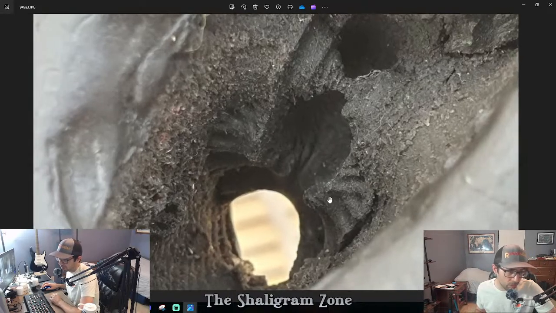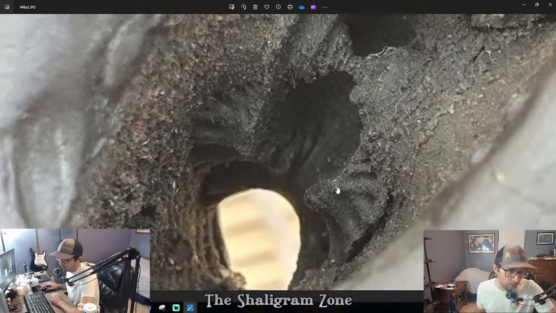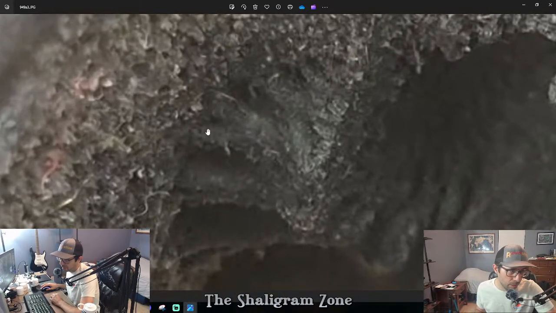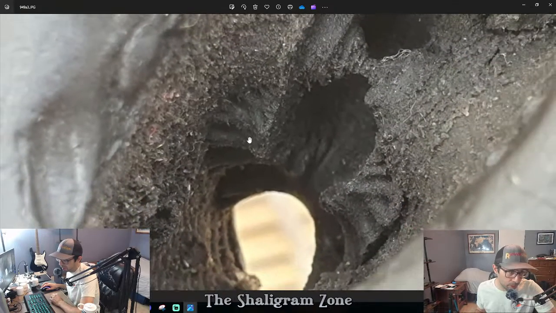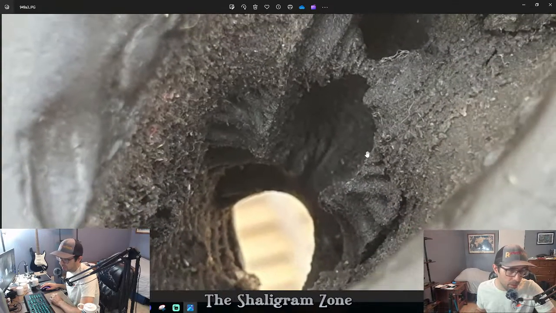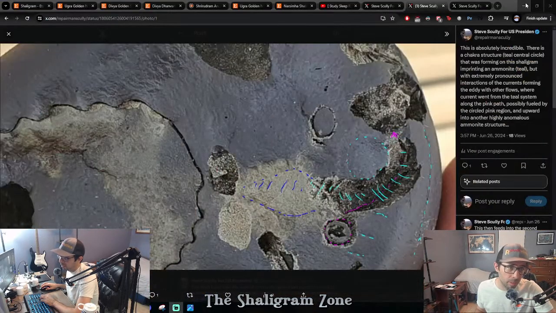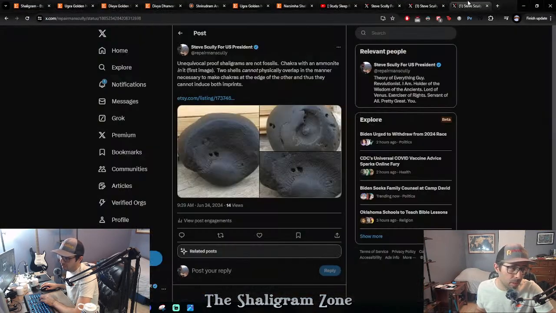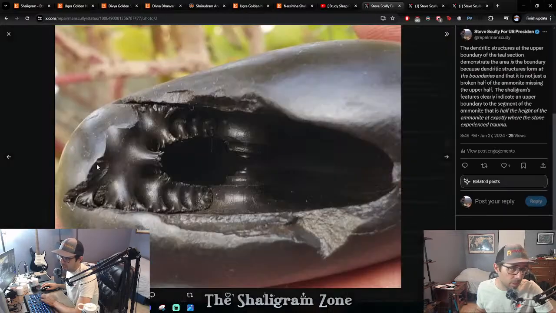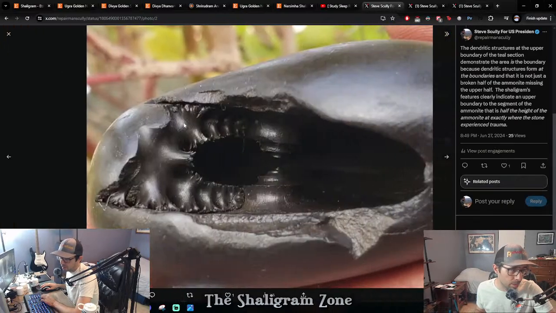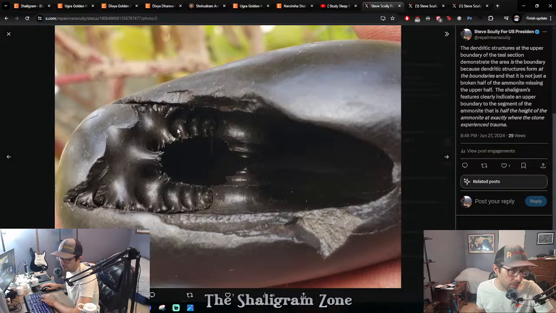But then it started to turn those ribs into dendrites more visible on the upper side, which is what I am saying in here, like this.